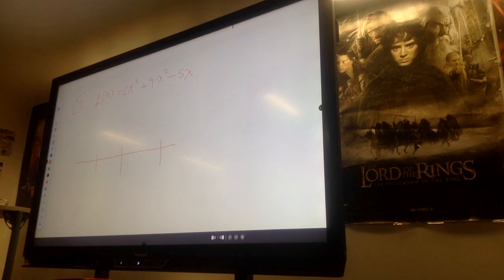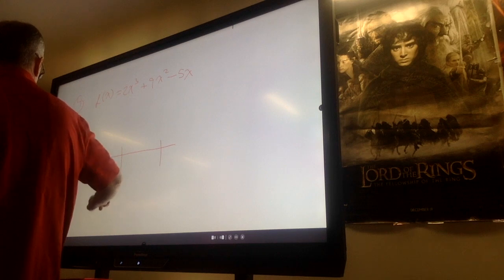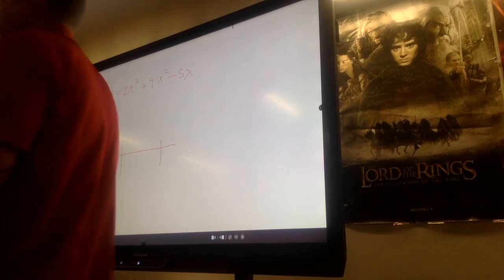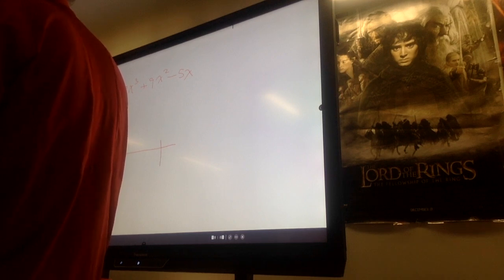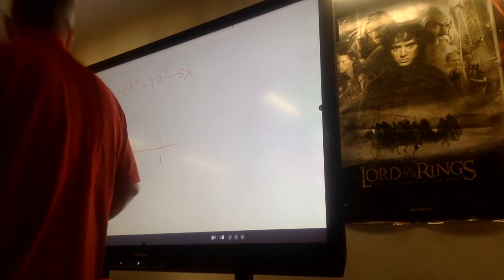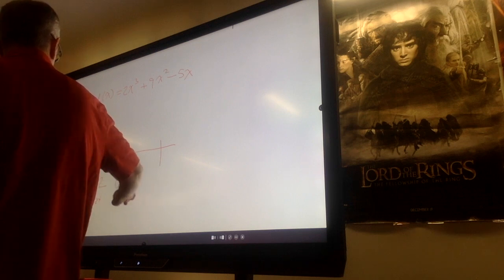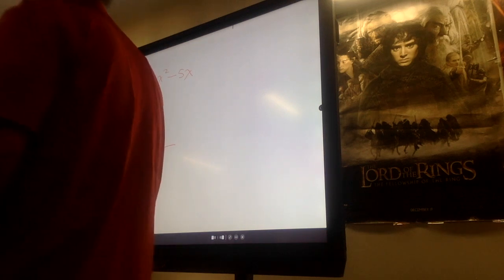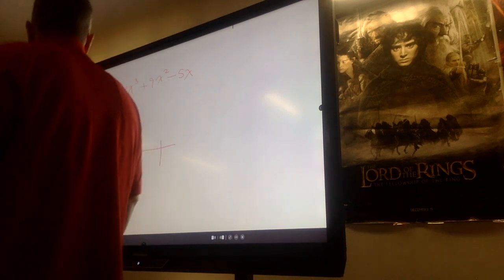What's the x value at that? -3.2. So you said that's a max? Yeah. Do you see another max or a min or a point of inflection? And then at 0.2, a min. You see anything else on there? It just goes back up to infinity. Yeah. All right.